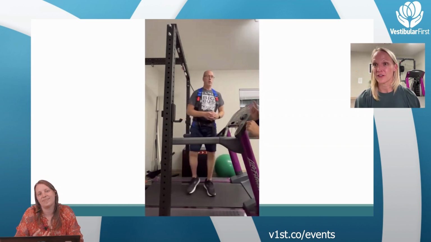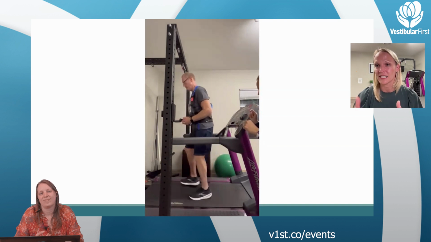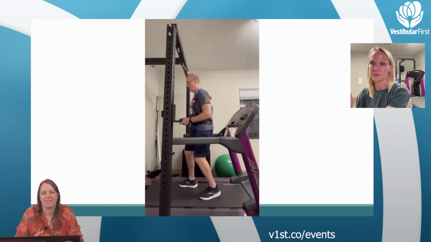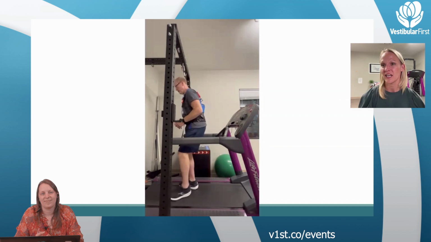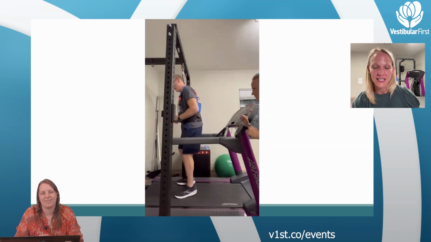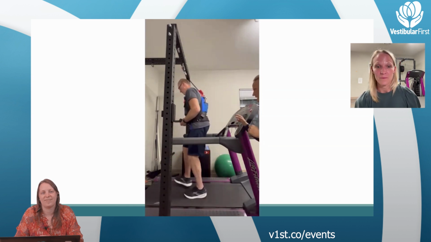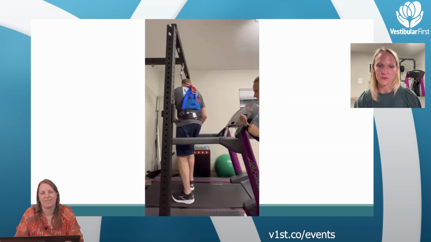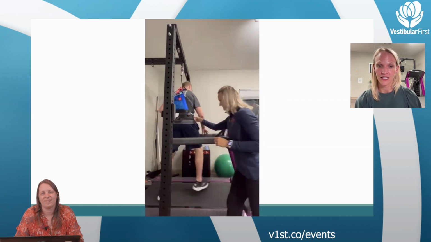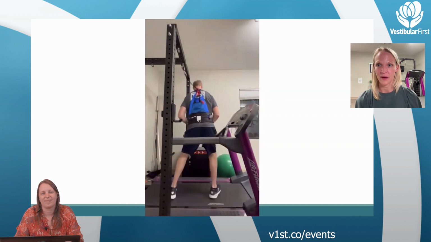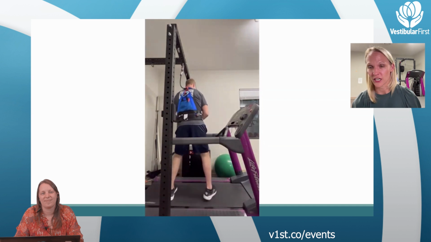I do every 3 steps, a 180-degree turn. So you're sidestepping 3 steps, turn around, sidestep 3 steps. So you're getting a lot of turns and multi-directional stepping. He does it on the treadmill, and you really start to see when he turns towards his hemiparetic side, that is a balance challenge and a motor coordination challenge, right? We're working multiple things here.